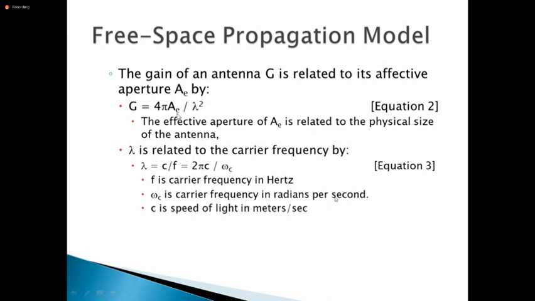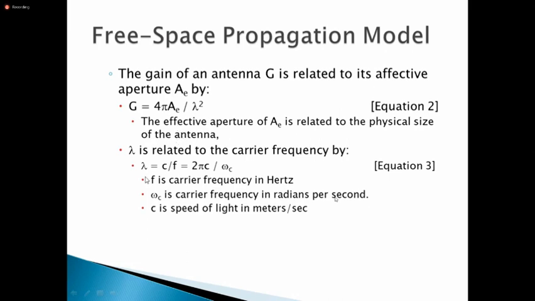And this is the relationship between the antenna gain and the aperture size. හරිද? සහ lambda is the wavelength of the signal. So you will have to remember this as well.